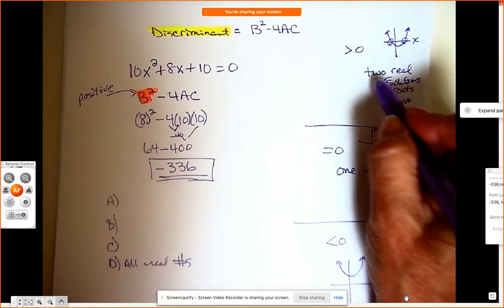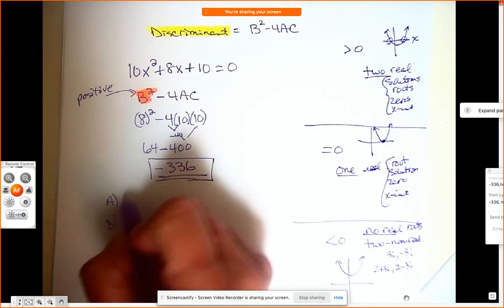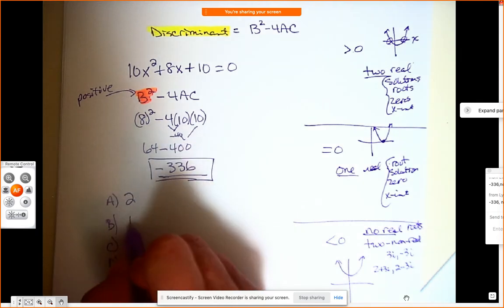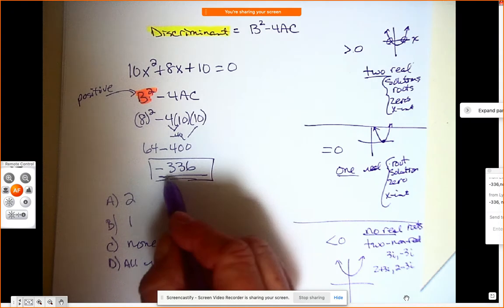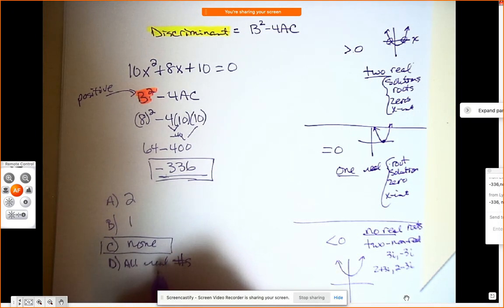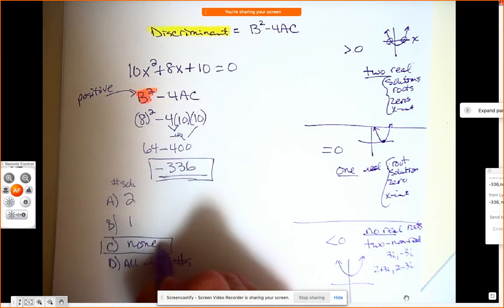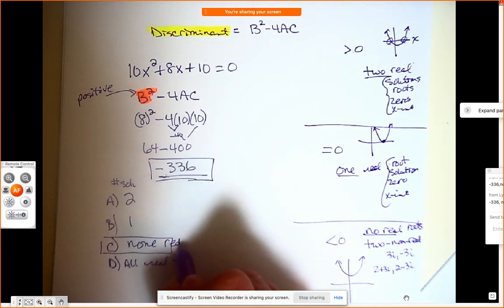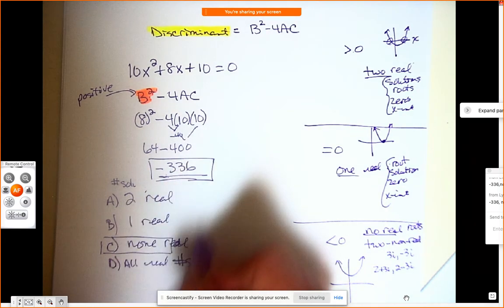Your choices are you either have 2, 1, or none. This one, because it's less than 0, should be no real. It doesn't mean there's no solution. If it asks how many solutions, I want to say none real. It will be 1 real, 2 real, or none real, but it'll have 2 non-real.